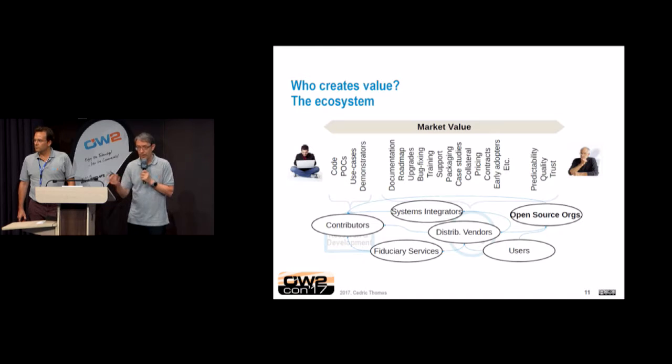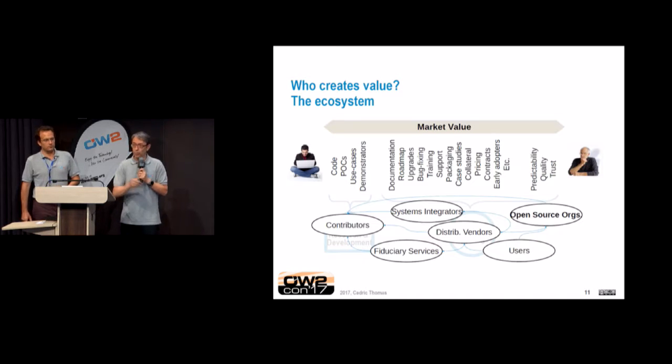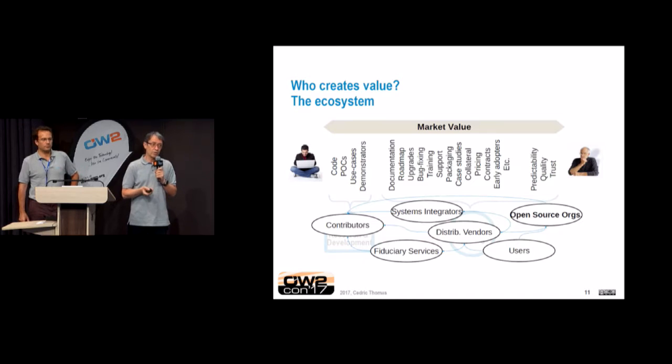We have distribution vendors like Red Hat that aggregate components into productized platforms. We have the users themselves that contribute back to the open source project. And we also have the open source organizations like Eclipse, Apache, Linux Foundation, OpenStack, and OW2 that are here to support the projects and to help them build trust on the market.